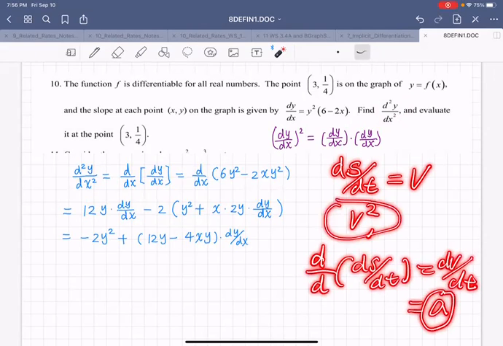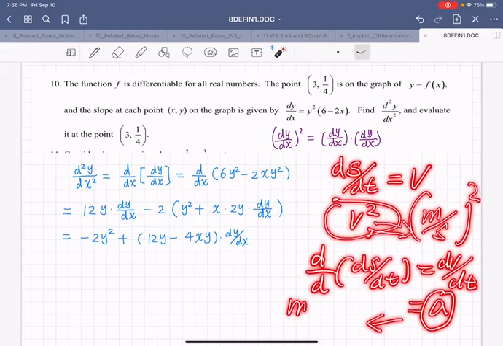Acceleration and velocity squared are not equal; their physical meanings are totally different. One unit is meters per second, and the other is meters per second squared.